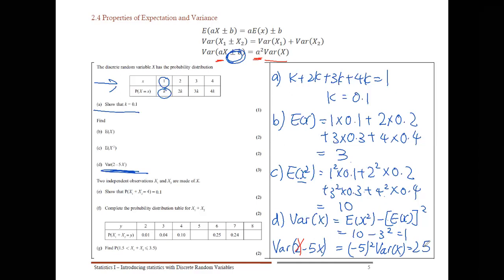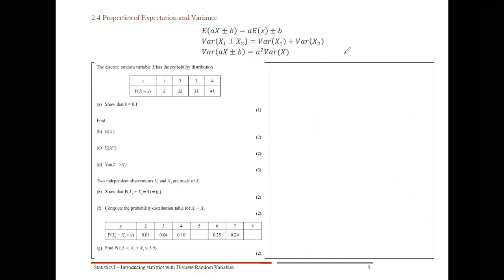All right. Next, let's move on to E. For E, we have to show that x1 plus x2 equals 4. So what is this x1 plus x2? x1 and x2 are basically 2 instances of an experiment. x1 and x2 are different from one another because it's 2 different occasions whereby you are doing this experiment.